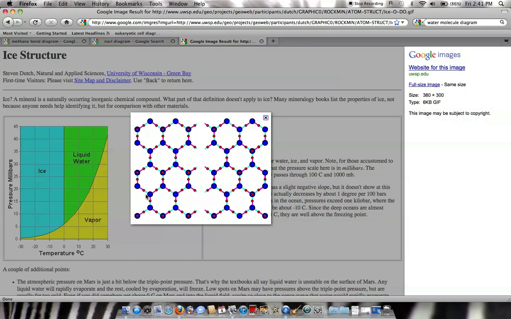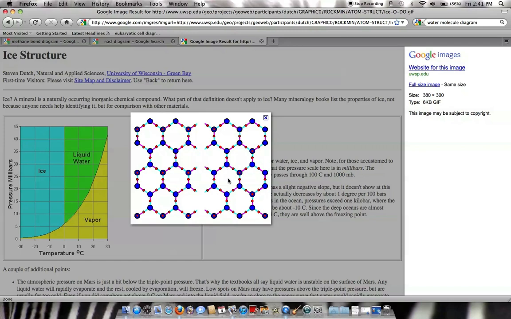So this is a very weak bond, and it will continue to form throughout several different water molecules to hold water together.